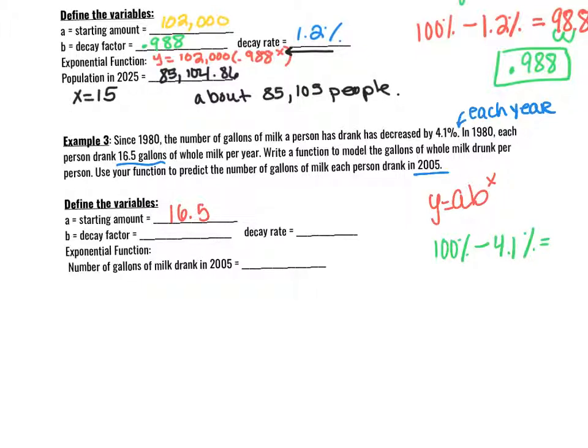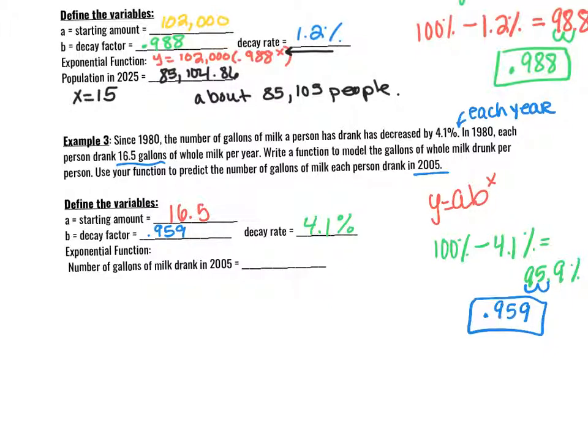So when I subtract 4.1%, it leaves me with 95.9%. We want to move that into a decimal. So it's 0.959. So that becomes our decay factor, where our decay rate was the 4.1%.